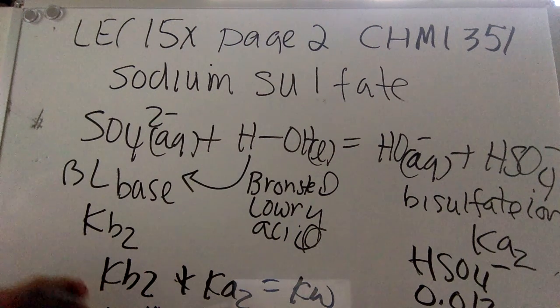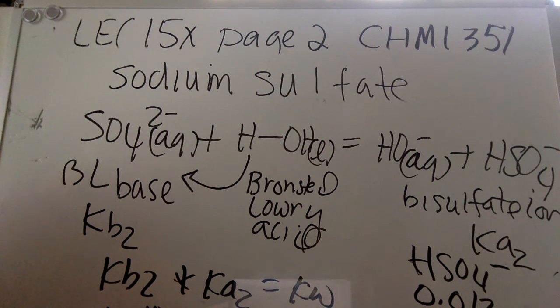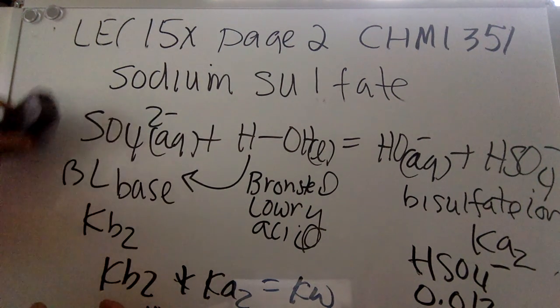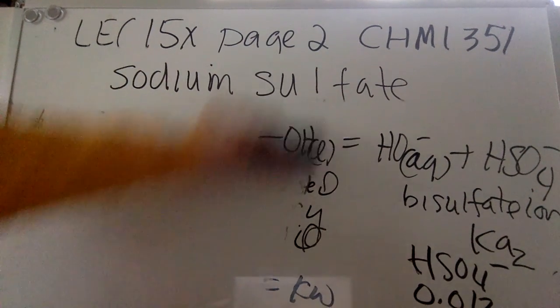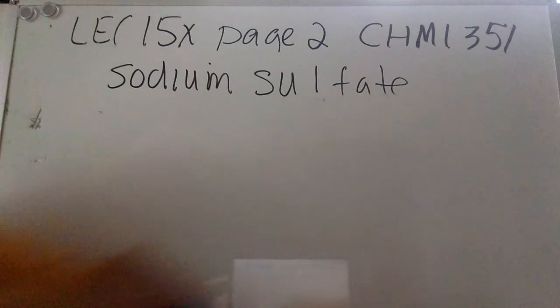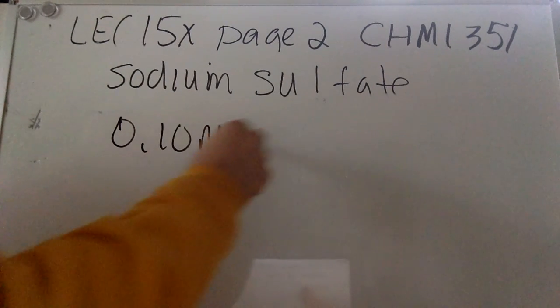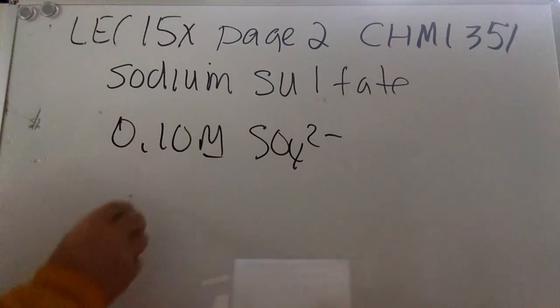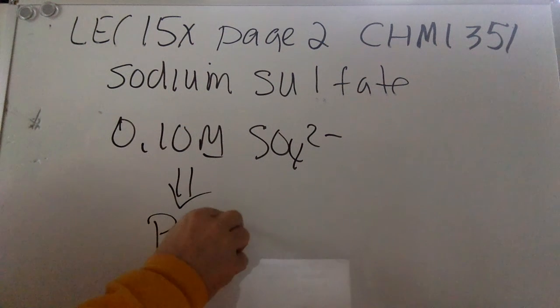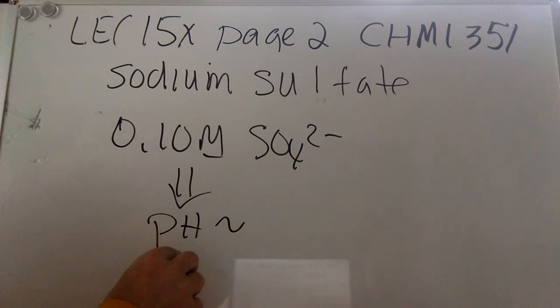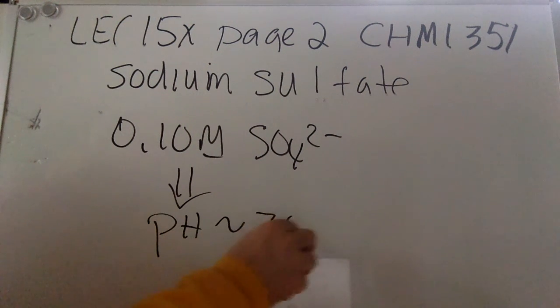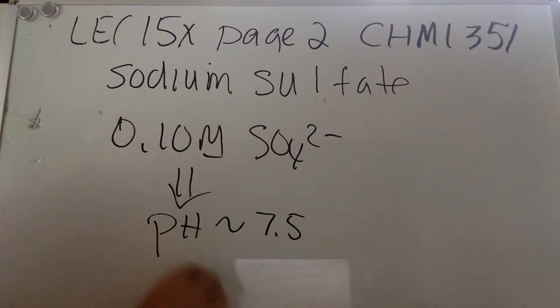If we actually go on and do our calculations for our 1/10 molar solution of the sulfate ion, using our more accurate Kb2 value based on similar figures, we'd find out that the pH of that 1/10 molar solution containing the sulfate ion will give us a pH of around 7.5, which is barely basic.